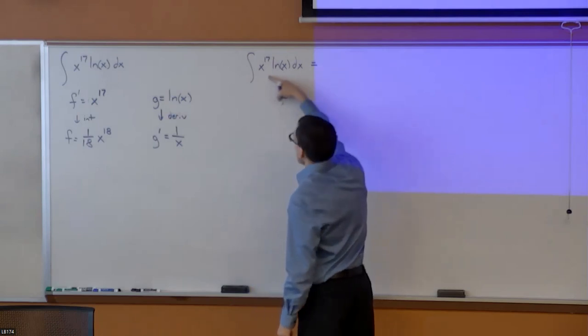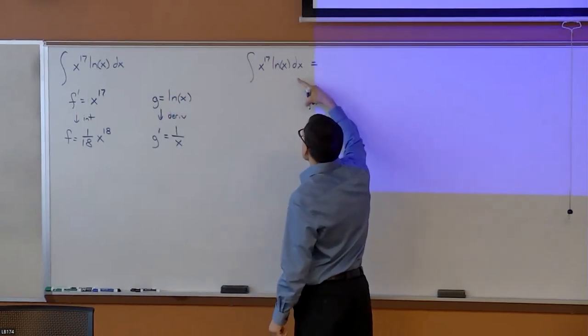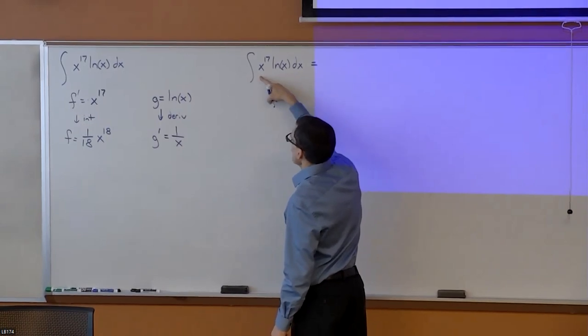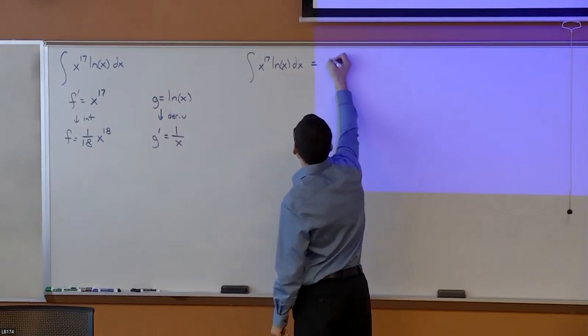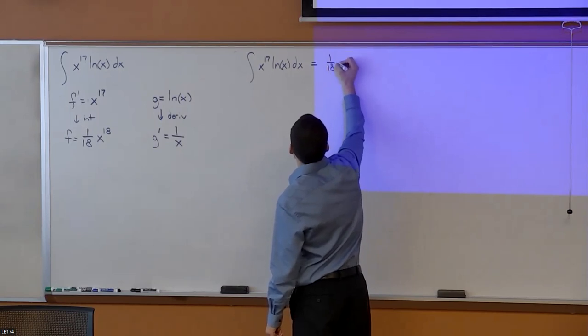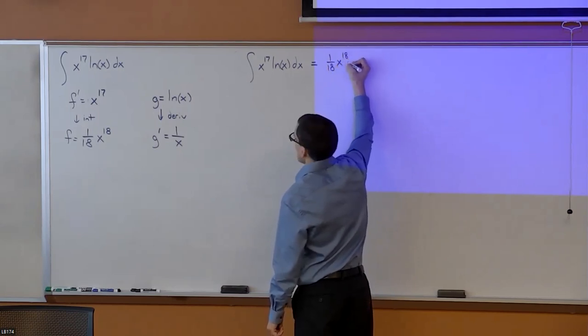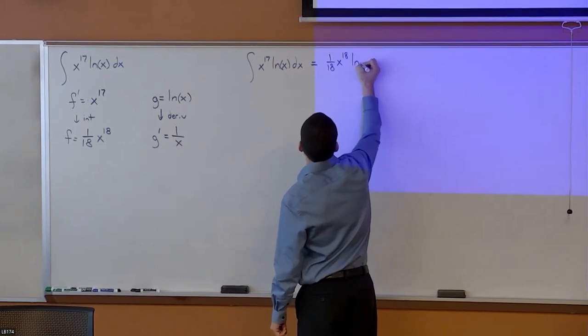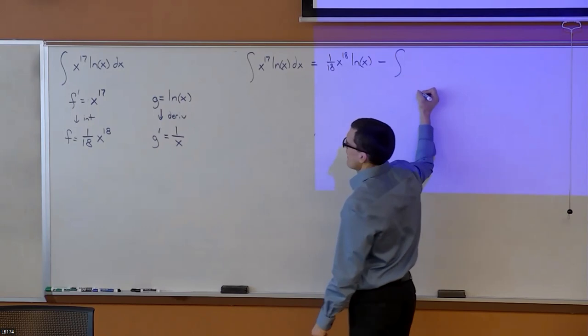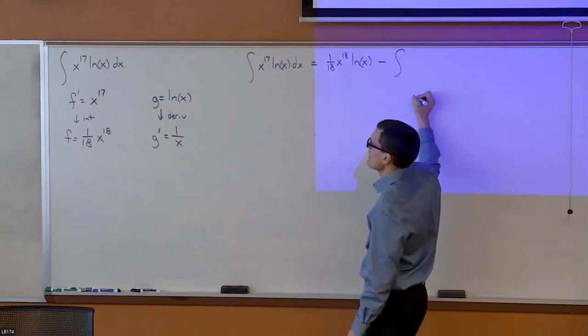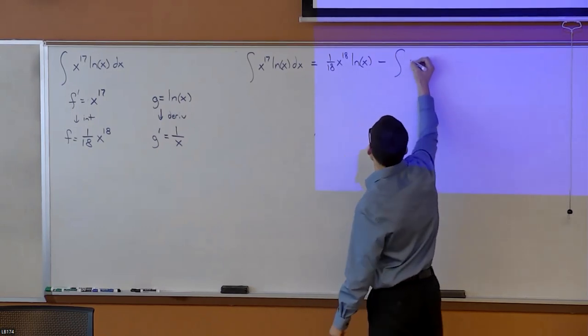So integration by parts says when you integrate f prime times g, it's f times g, 1/18 x to the 18th times natural log of x, minus integrate f times g prime.